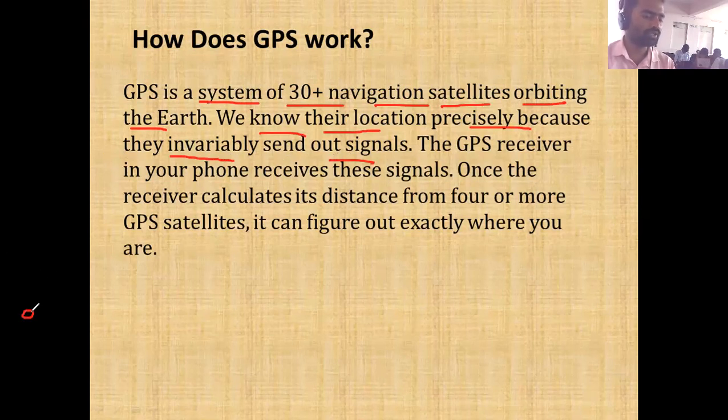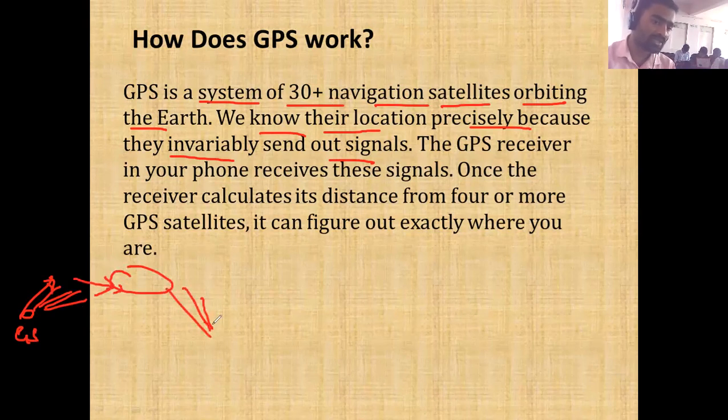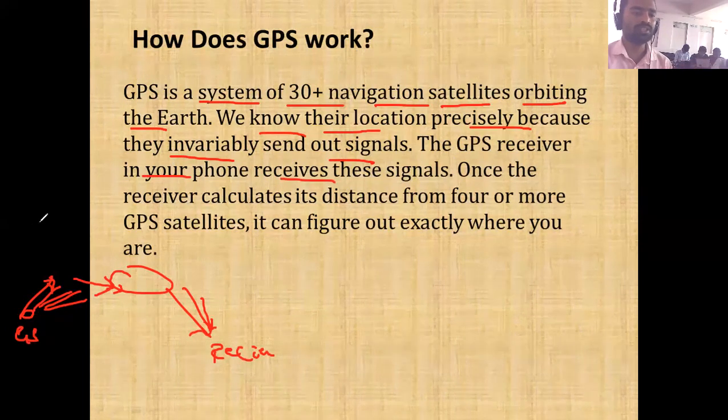Once the ground stations are sending the signals, they continuously send. The satellite is continuously receiving the signals and continuously emitting the signals to the receiver. The GPS receiver in your phone receives these signals, and once the receiver calculates its distance from 4 or more GPS satellites, it can figure out exactly where you are.